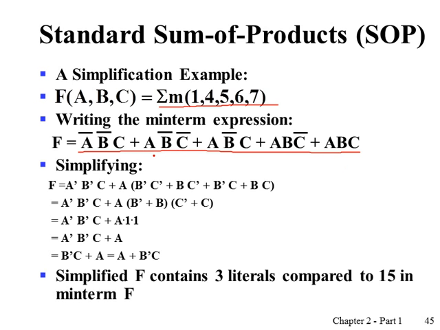And then we apply Boolean algebra properties step by step. Then we can find the most simplified form this way. Then this is a sum of products form. It's not a sum of minterms form, but it's a sum of products form.